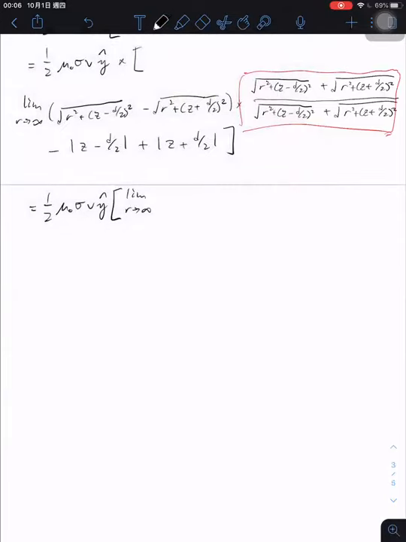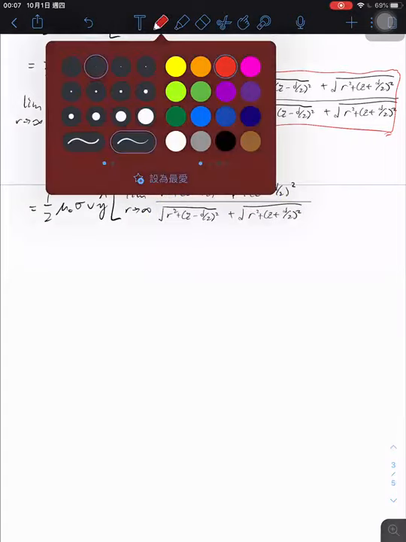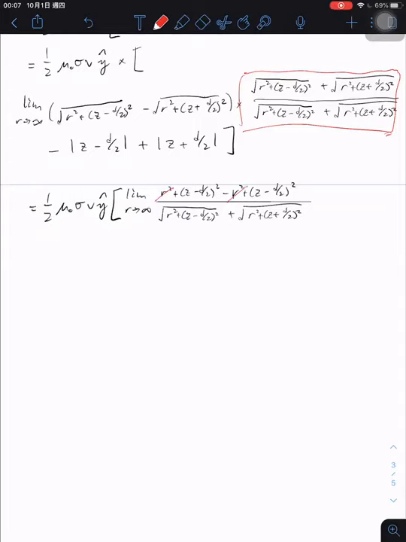But after we multiply this term, we get this in the numerator plus this in the denominator. And we can find that the r squared term cancels out. Therefore, when we take the limit, there's no r term in the numerator, and we have an r term in the denominator, so the whole term essentially goes to 0.